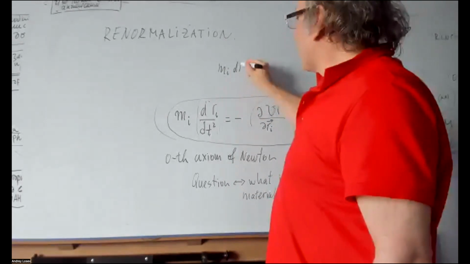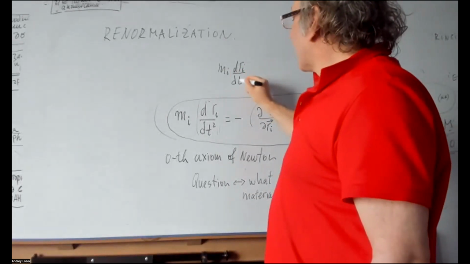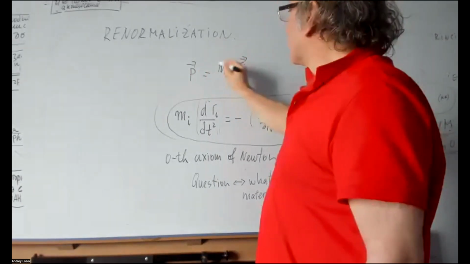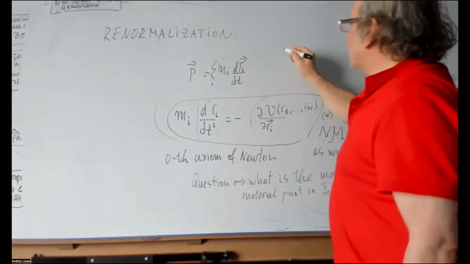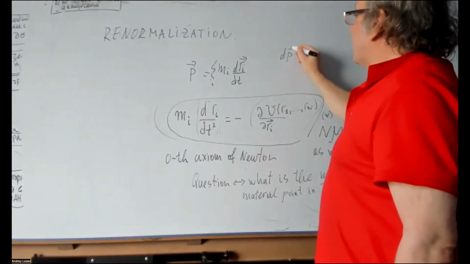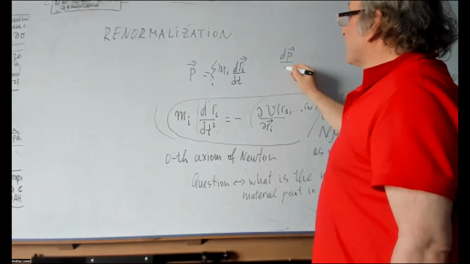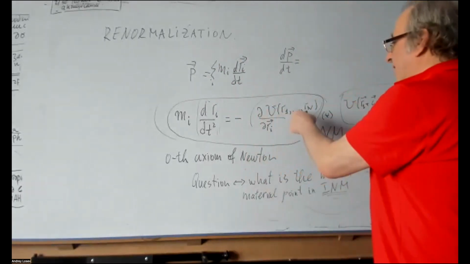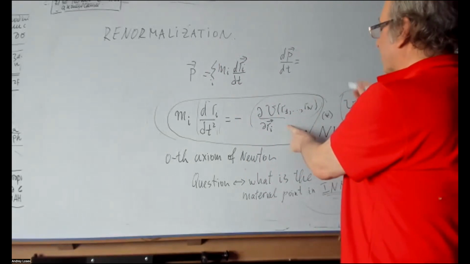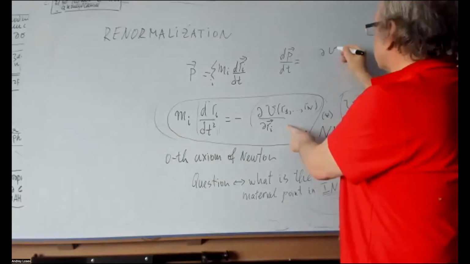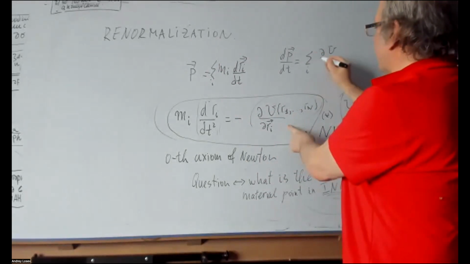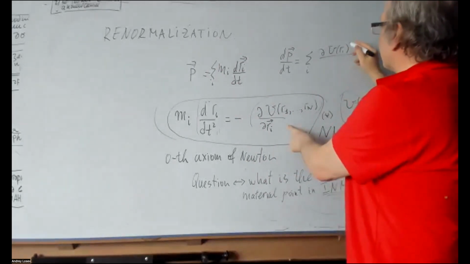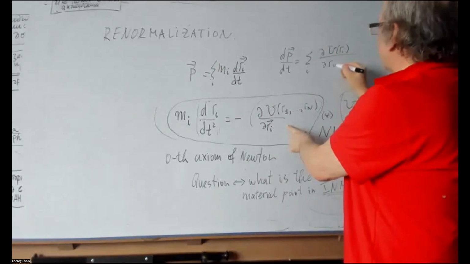Consider this object. Let me call it momentum. Then dp over dt is, I plug this in here, sum over i, the derivative of U of all r's with respect to ri.